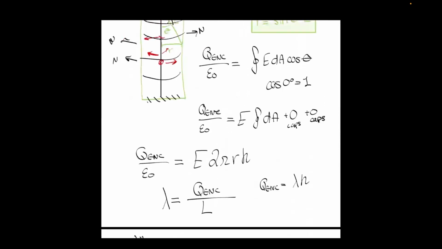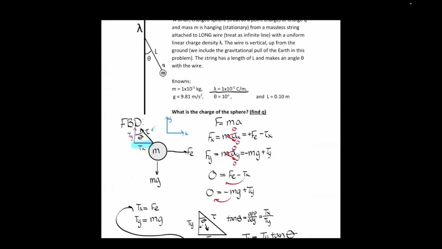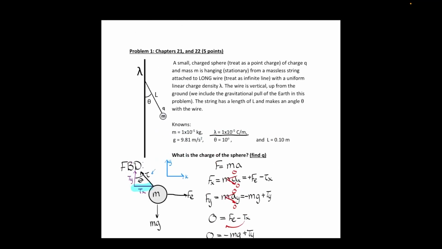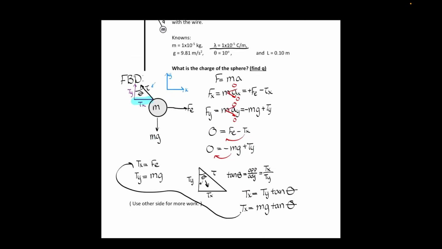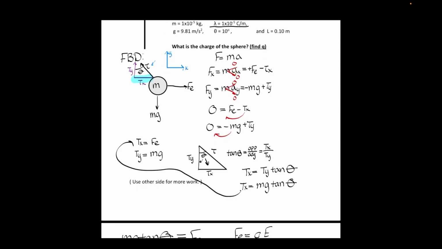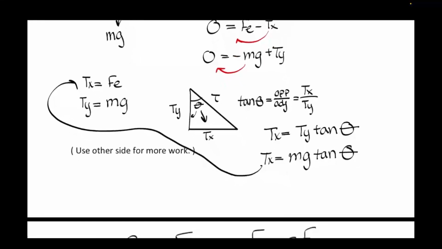Let's go through the steps one more time of how we approach this. First thing we did, we realized this is a physics 1 problem related to physics 2. So we always draw a free body diagram first. Then we put everything in terms of our coordinate system. So we chose an X and a Y coordinate system. And then we related our TX and our TY together using that theta.